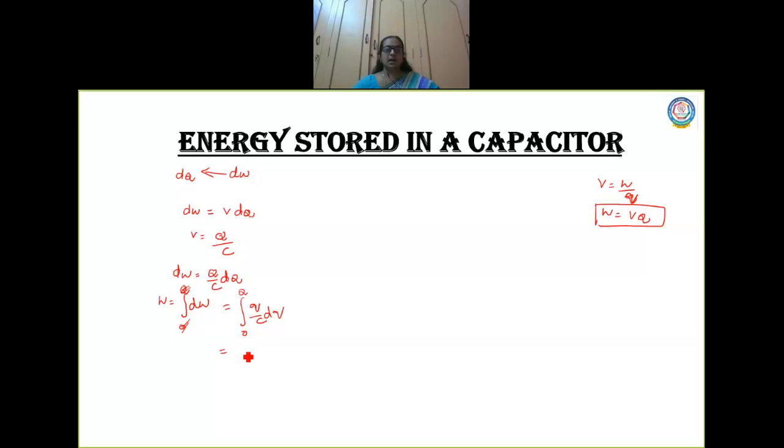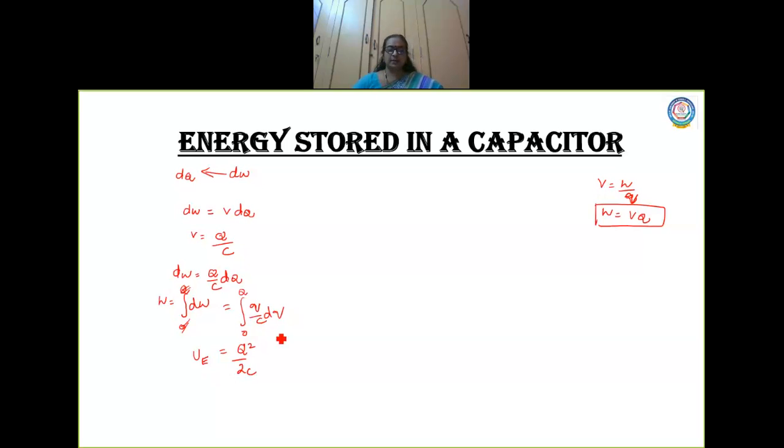Now take C out, because it is a constant. I am going to integrate Q dQ. Q dQ, when integrated, is Q square by 2. So after integration, the work done is Q square by 2C, which is nothing but the electrostatic potential energy in the capacitor.